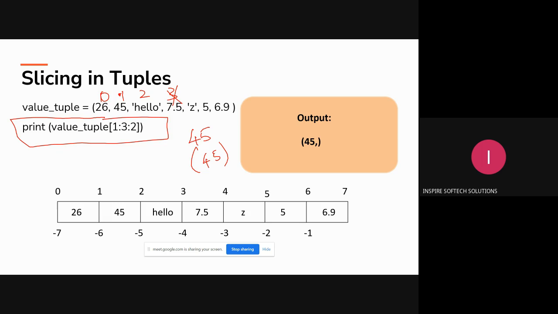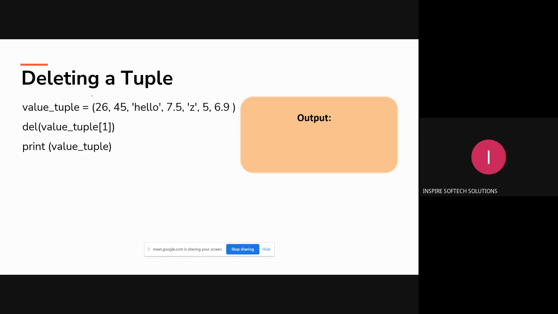Next, that's about the slicing. Next, we'll see in depth about the tuple topic. Deleting a tuple. How to delete? I'm writing delete value underscore tuple of 1. Okay. Now after deleting the first index, I have to print that value underscore tuple. Now predict the output for this.